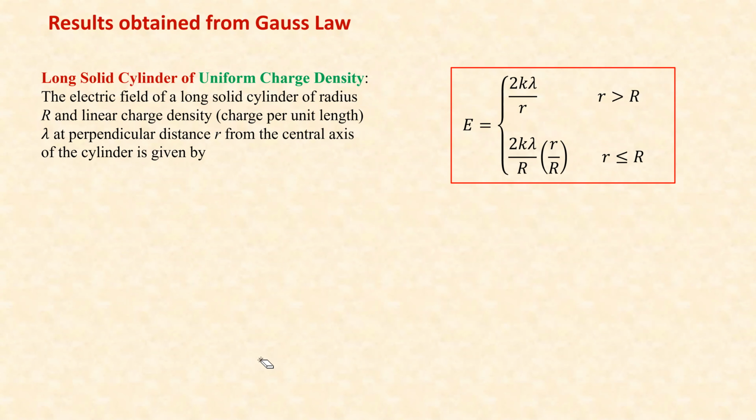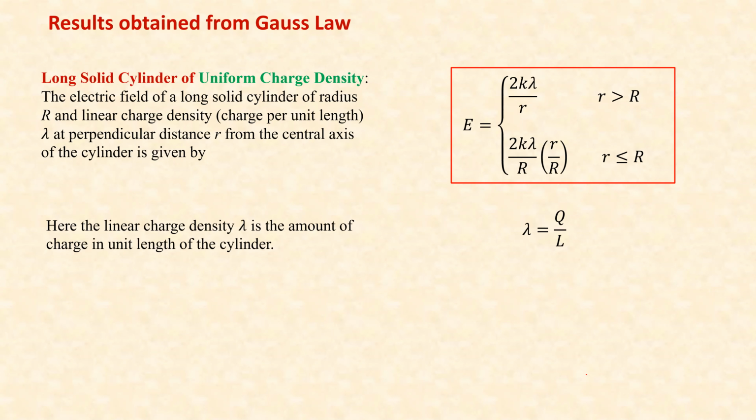I can do the same thing, but you get the idea. For outside the cylinder, you have 2k lambda over r, the same as a long line of charge. But for inside, it becomes 2k lambda over capital R, which is the electric field at the surface, times r over R.